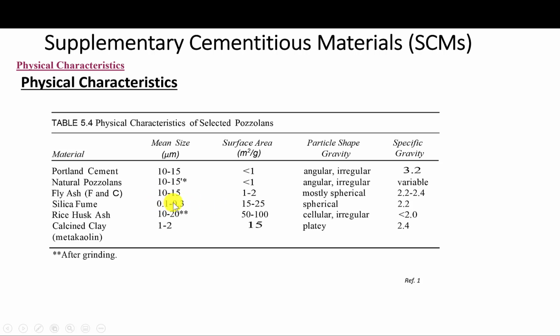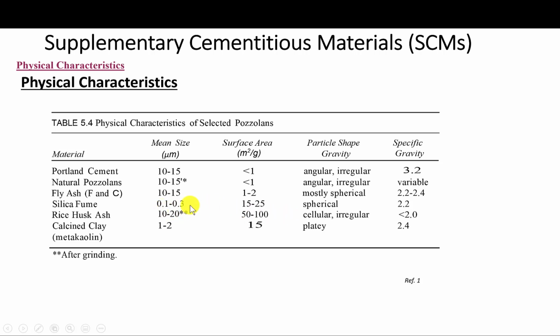Silica fume has a mean particle size that is way smaller. That's why it has good packing characteristics, helping ensure a denser concrete matrix. Surface area is much higher, with a spherical shape. For the rice husk ash, as I said, the surface area is really high in relation to its mean size.